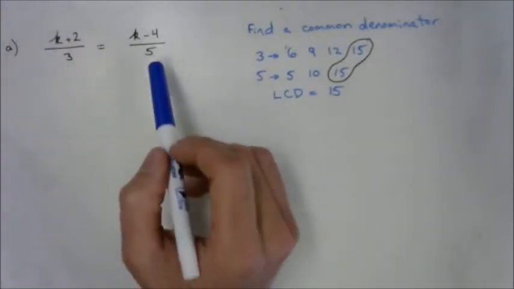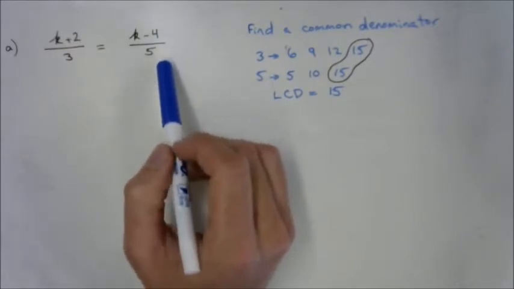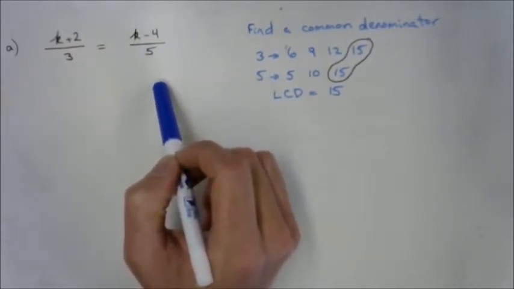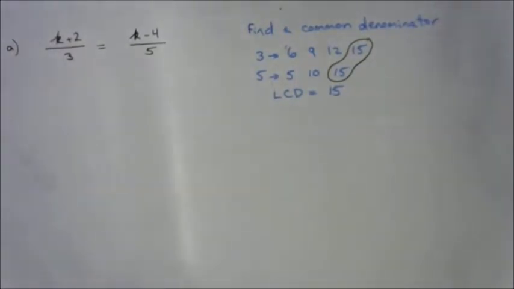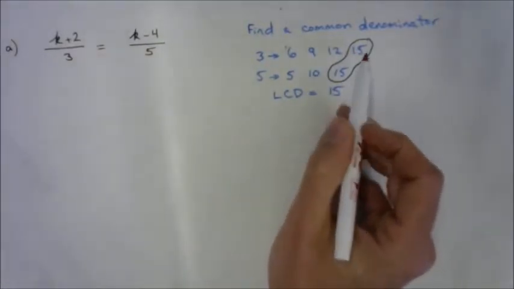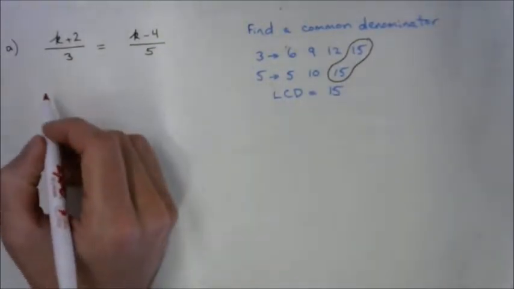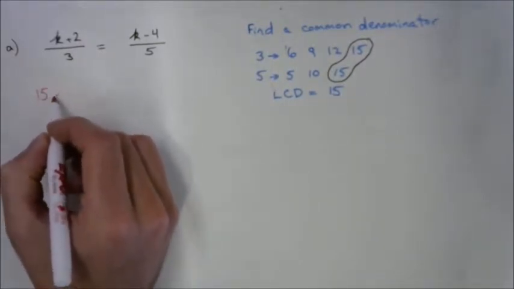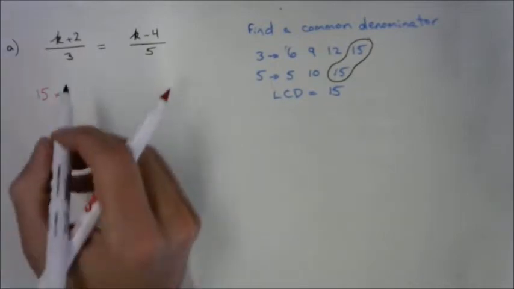And then I could multiply top and bottom by 3, and I wouldn't change the value of that fraction at all, and it would have a denominator of 15. It's not what we're going to do, though, because it's not what we've learned in the last couple days. So just ignore that. Look at what we're going to do. We found the lowest common denominator, so I'm going to multiply both sides by the lowest common denominator.